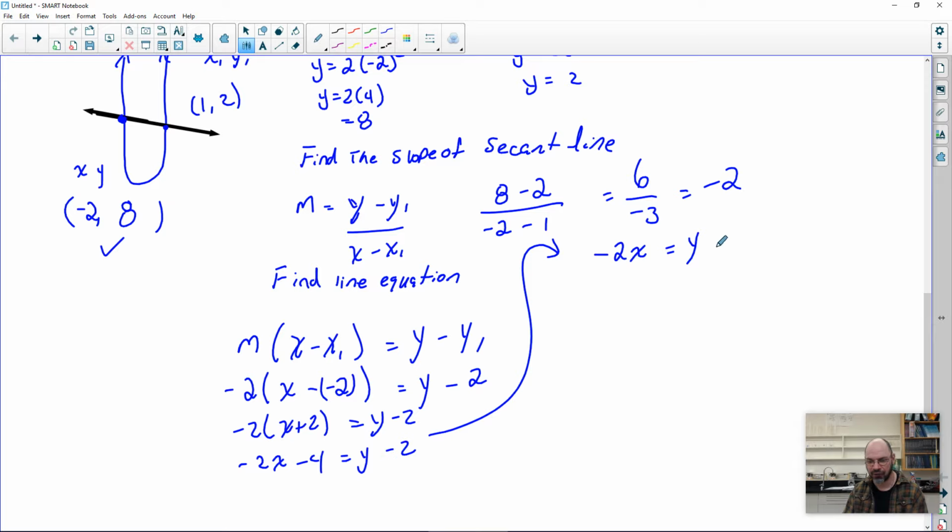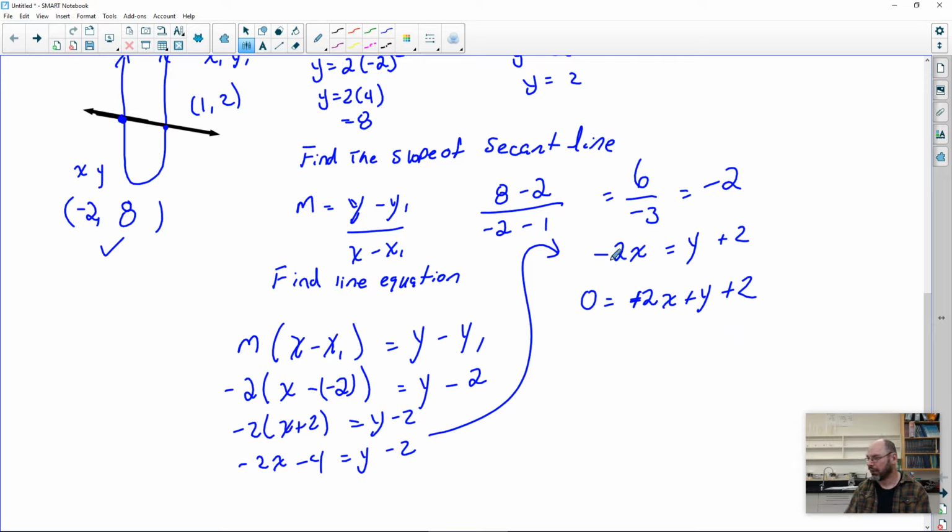Then we add 8 to both sides, so that's plus 4, and then add 2x to both sides to get 0 equals y plus 2x plus 4. Okay, that's standard form. If you had it in another form, you could have y equaling something.